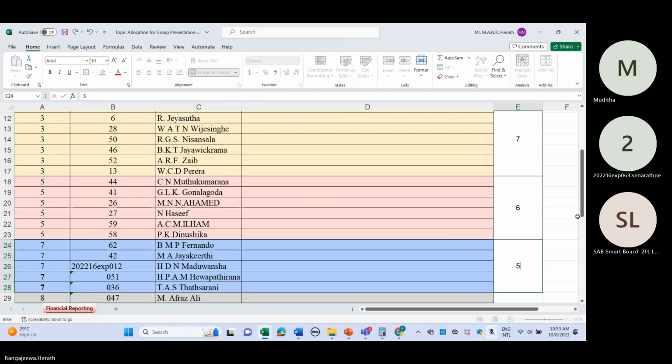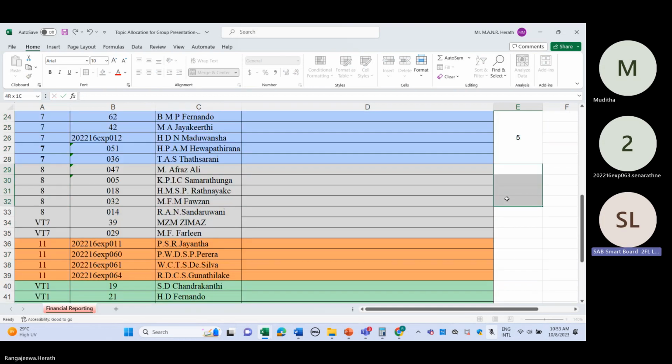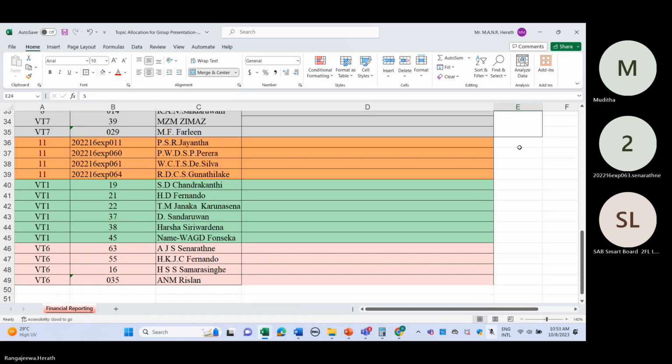Five. Seven. And there will be a six-member group and 4 members.